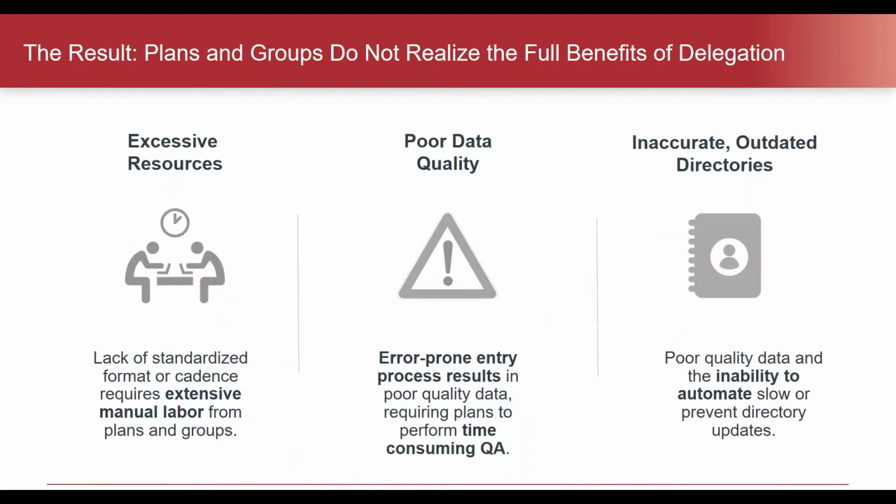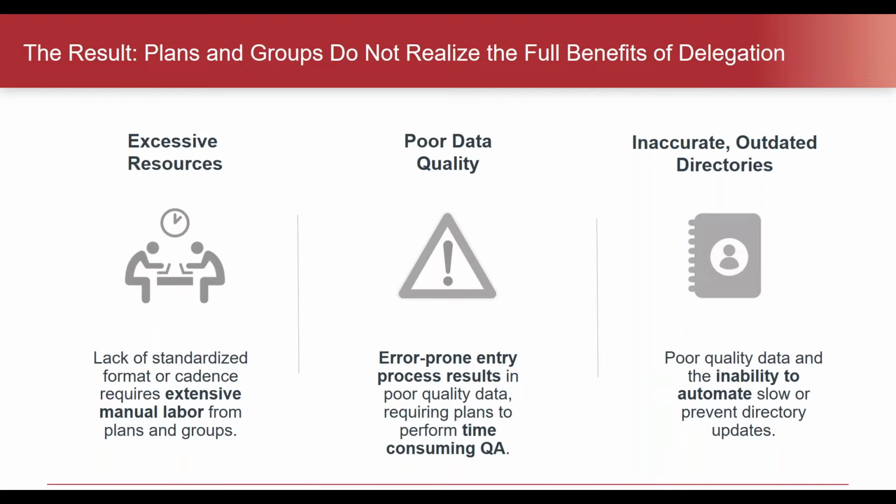The overall result is that plans and groups are not realizing the full benefits of delegation to begin with. There are excessive resources involved on both sides. The groups are maintaining a lot of full-time employees just to maintain the change reports and rosters, and the health plans also have a lot of resources on their side to read through these files of different formats and make updates to their systems.